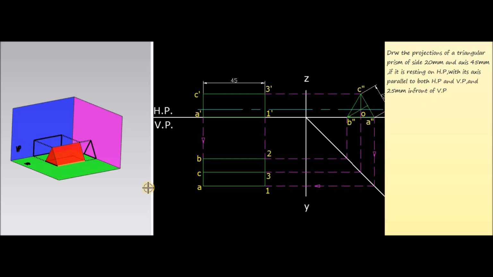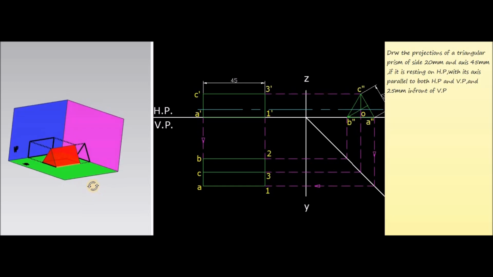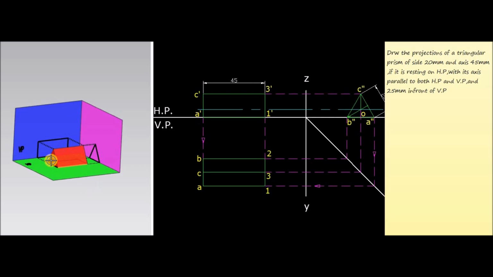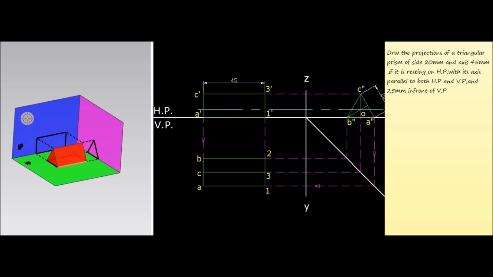Now we can construct the three-dimensional geometry of this question, and from the question it is clear that this is the case of a triangular prism. For the representation of this question, we require three mutually perpendicular planes, and here it is represented by these three planes.